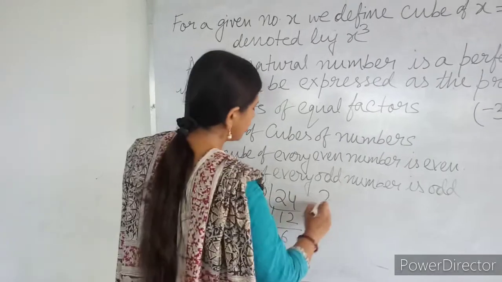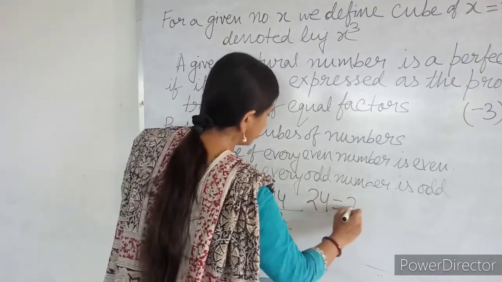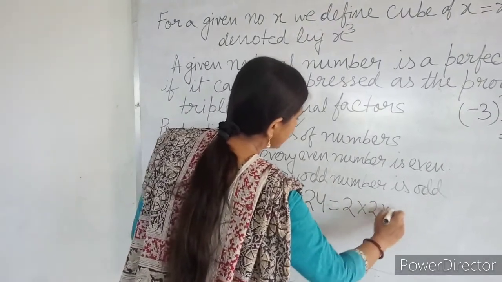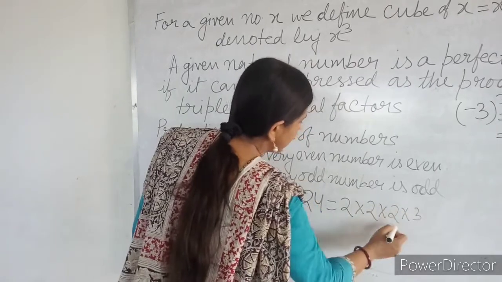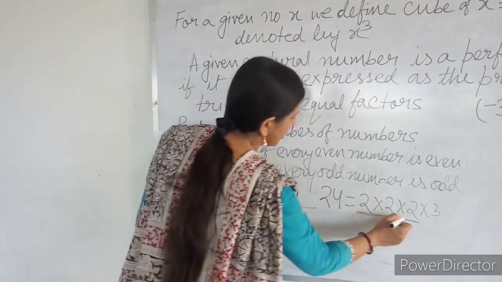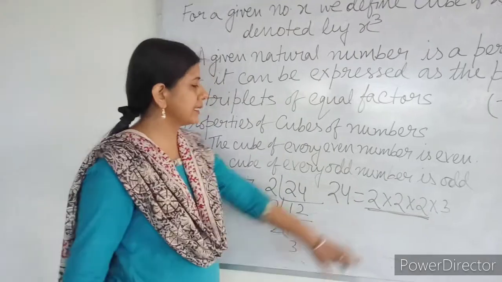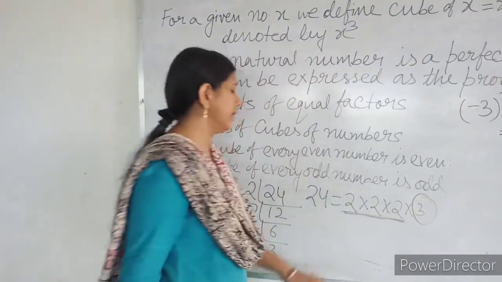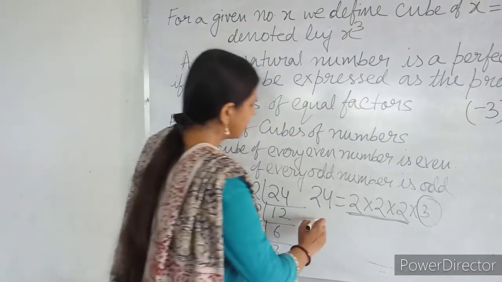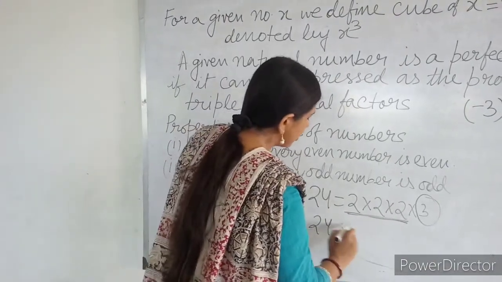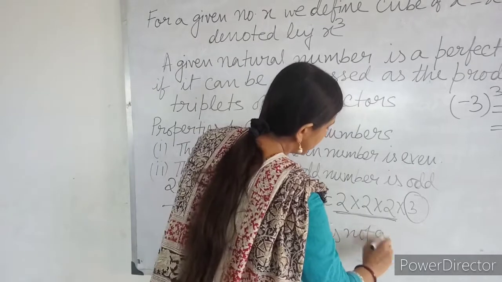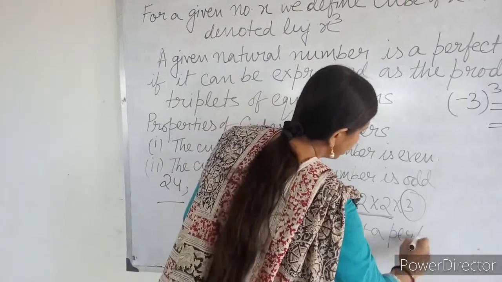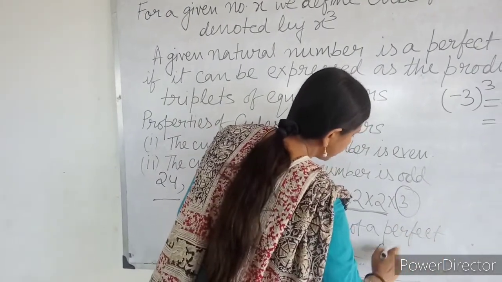So 24 equals 2 into 2 into 2 into 3. This one is a triplet, you can find 2 multiplied with itself 3 times, but 3 is alone here. So I can say 24 is not a perfect cube.